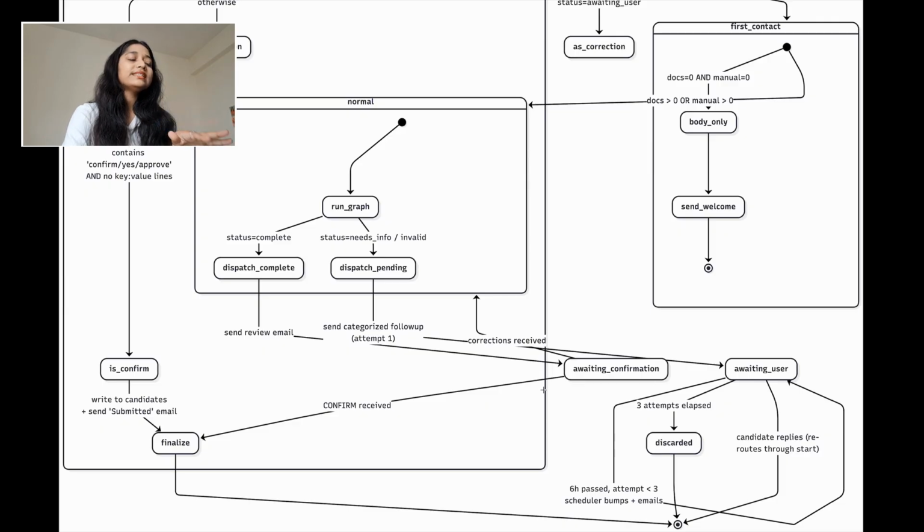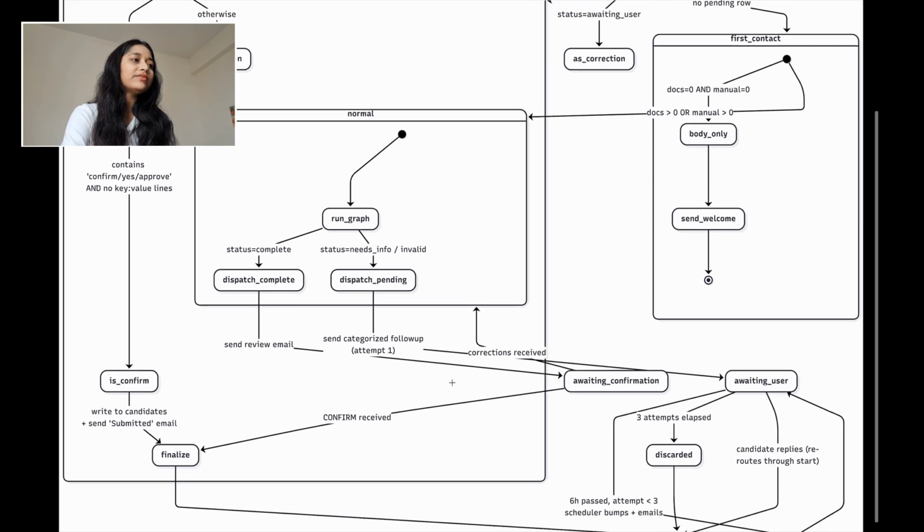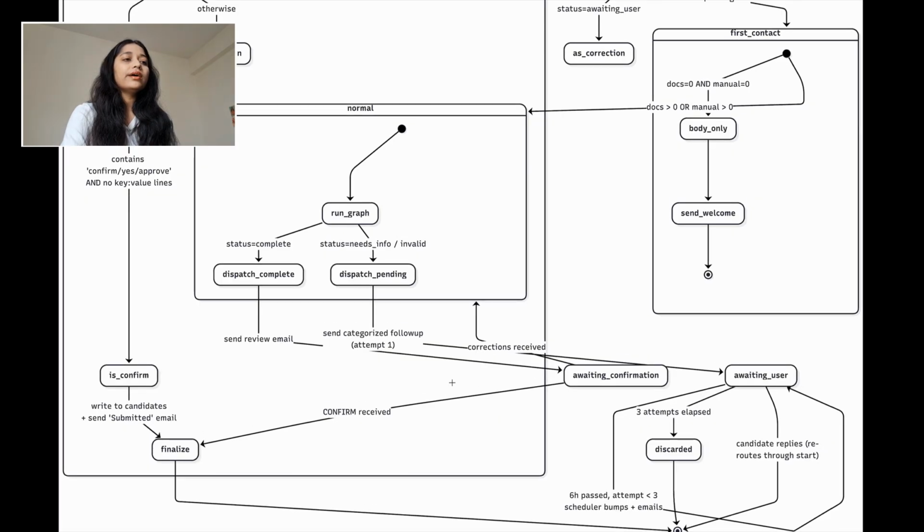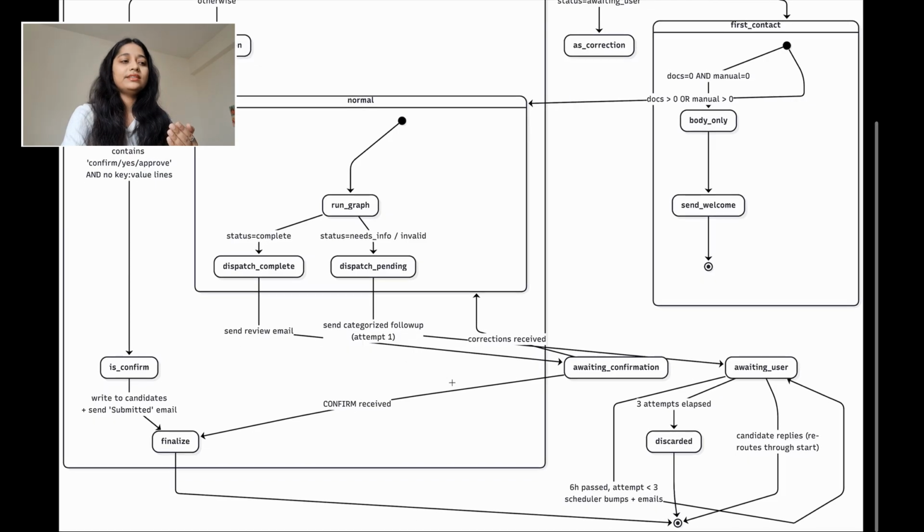And it will send plain or HTML: the modern one is HTML, and the older one is plain, as a multi-part alternative. And in case of missing, of course, it will categorize the missing value, whether it's a document missing or a specific field missing, so that we can inform the user why we need this detail and from where we need this detail.